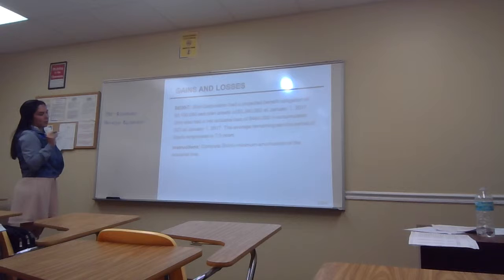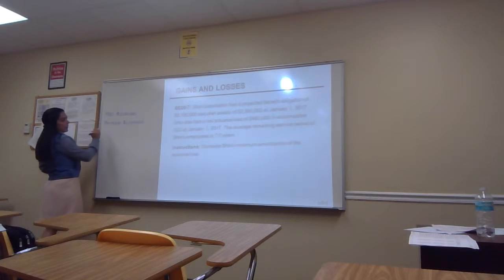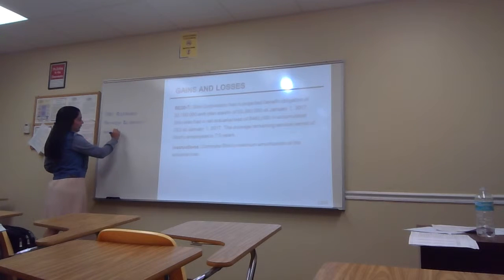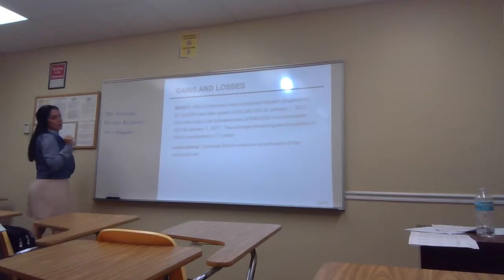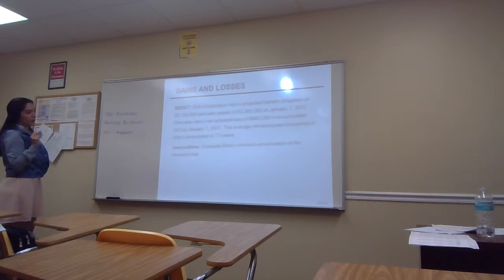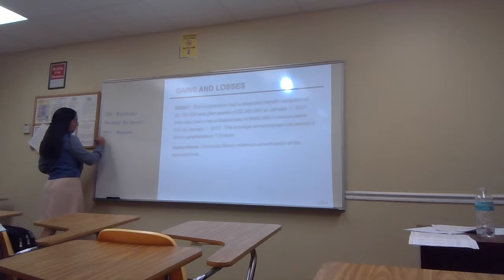Shin also has an actuarial loss of $465,000 in accumulated OCI. So my accumulated OCI already has $465,000 in it. The average remaining service period of Shin's employees is 7.5 years.